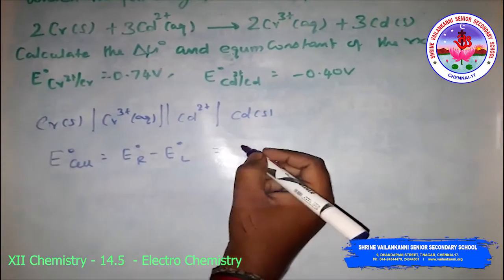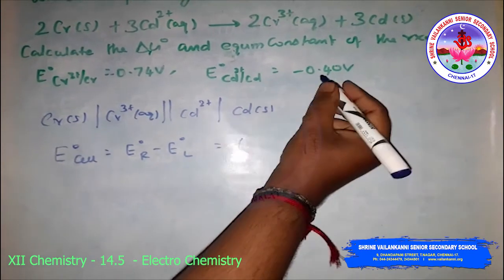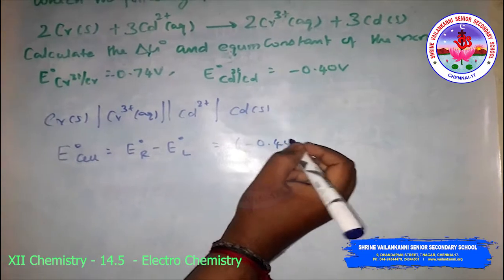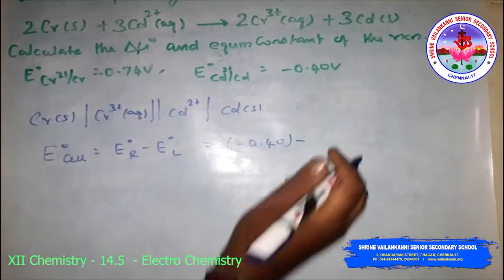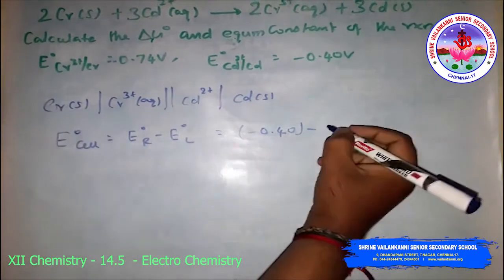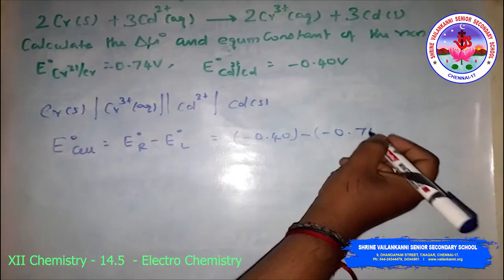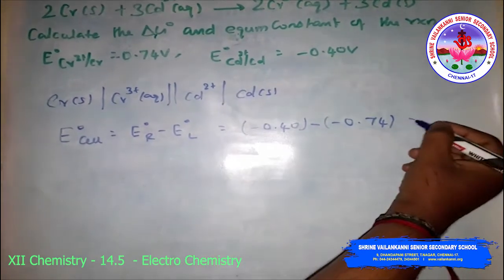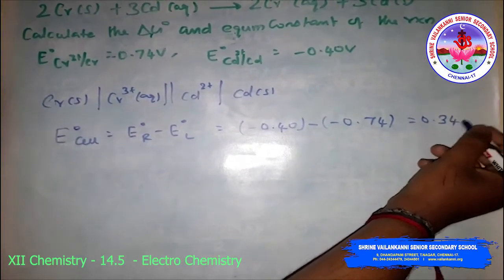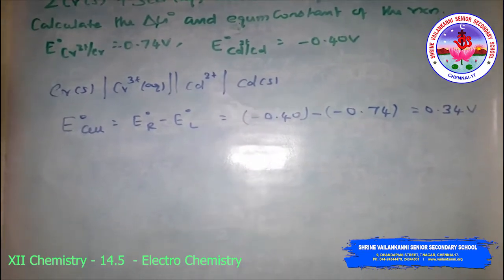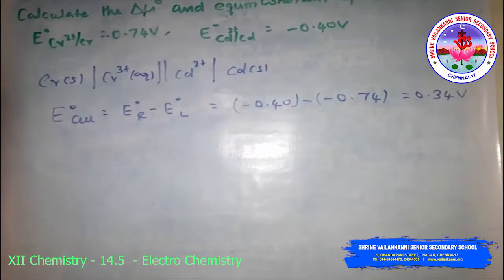So E naught R is minus 0.40, then minus E left, minus of minus 0.74 volt, then you will get 0.34 volt. Okay, this is the E naught cell value.